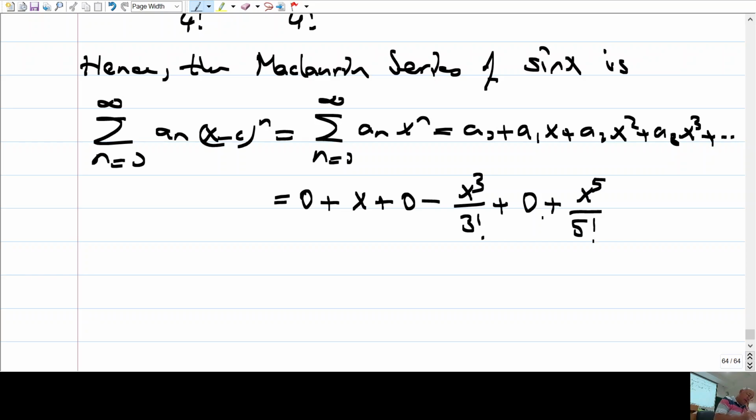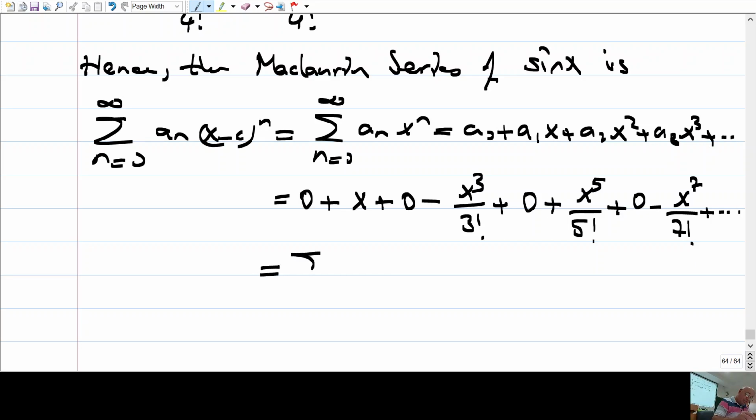The coefficients will go like this: 0, 1, 0, minus 1, 0, 1, 0, minus 1. But you have n factorials in the denominators. So x to the power 7 over 7 factorial, and it will go like this.